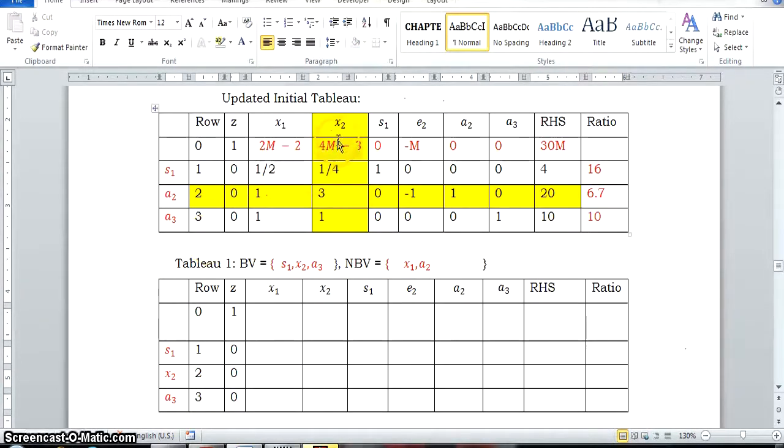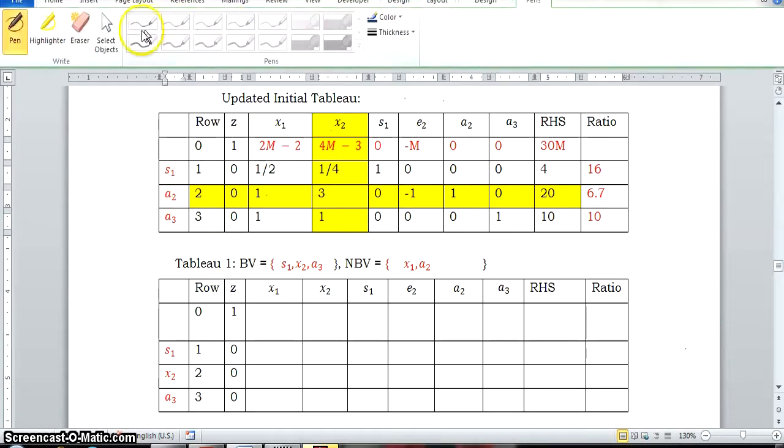We want the coefficient of x2 in row 2 to become 1. Therefore, we replace row 2 by row 2 over 3. The ERO for row 2 is R2 over 3.